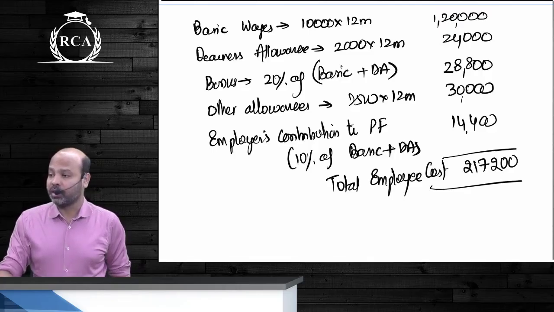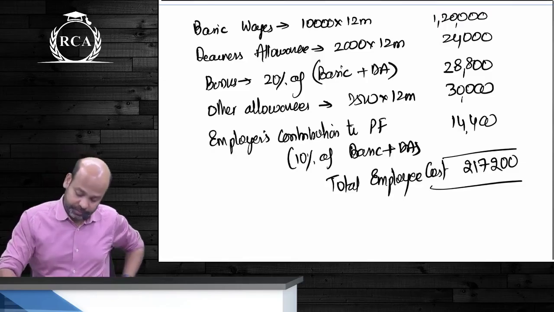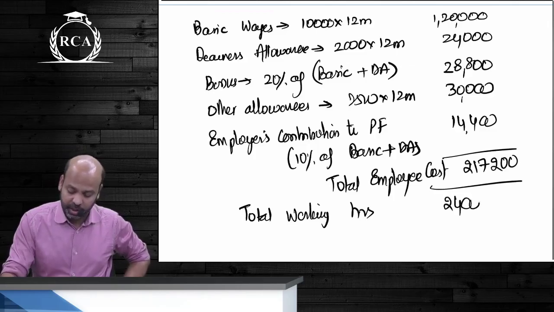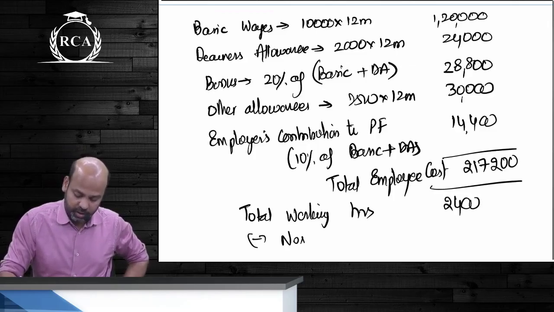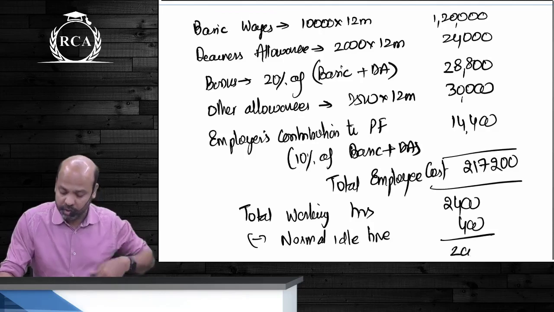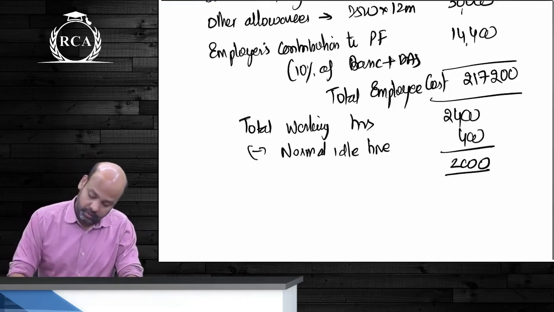2000 normal productive hours. Total working hours कितने हैं? Total working hours guys are 2400, जिसमें से normal idle time is 400 hours. You remove this normal idle time of 400, the leftover hours are 2000. You're going to allocate cost on the basis of 2000.